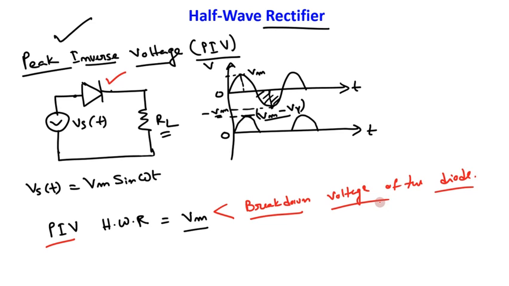We should operate at much lower voltage than the rated breakdown voltage. To give you one example, suppose for this diode the breakdown voltage is given as 20 volt, then probably it will be on the safe side if we design this circuit with a PIV of 12 to 15 volt only. Is it clear? Okay then.